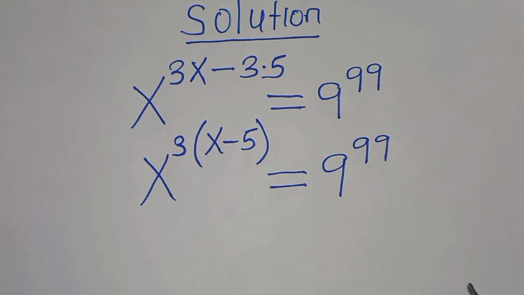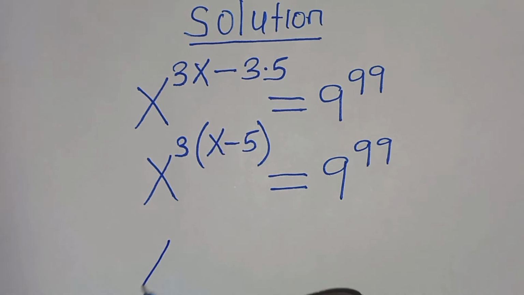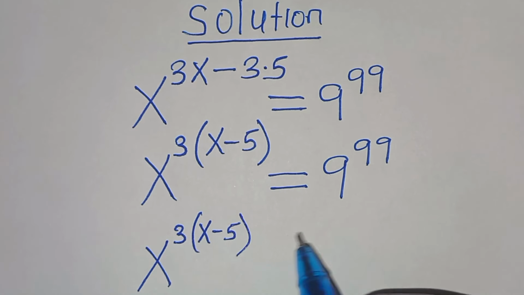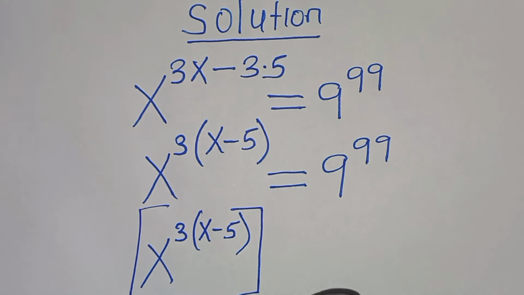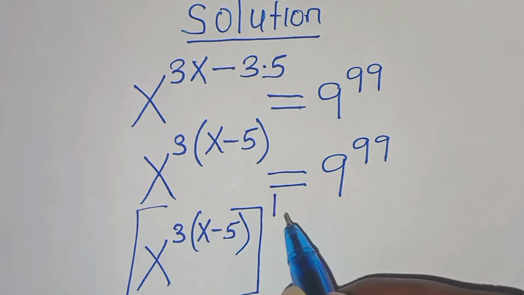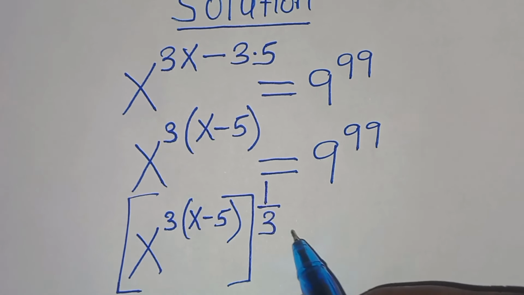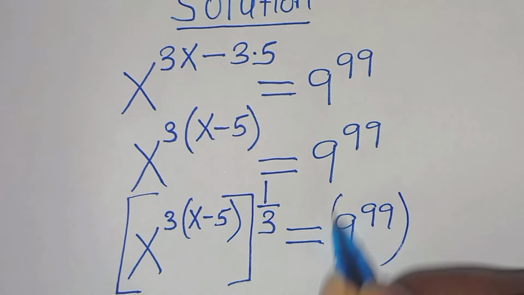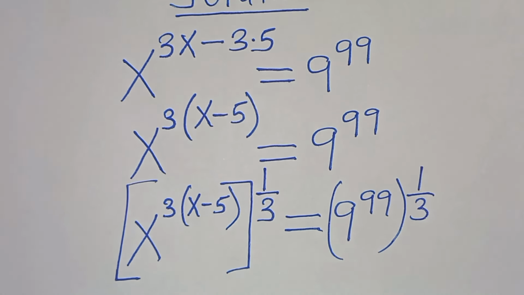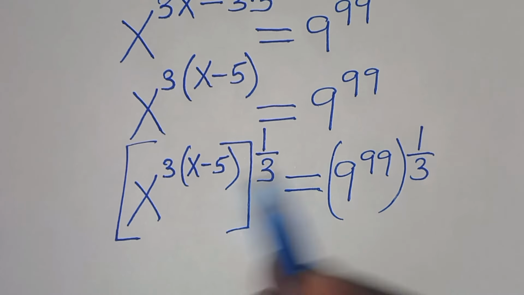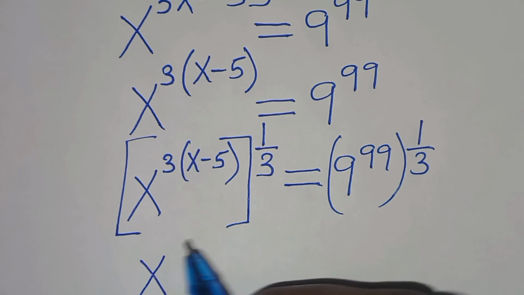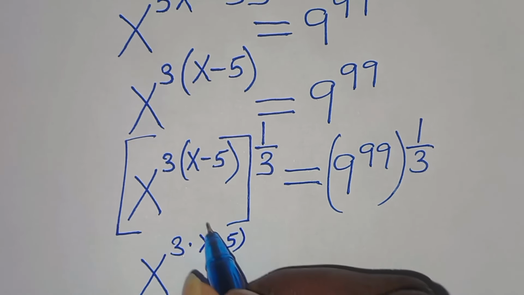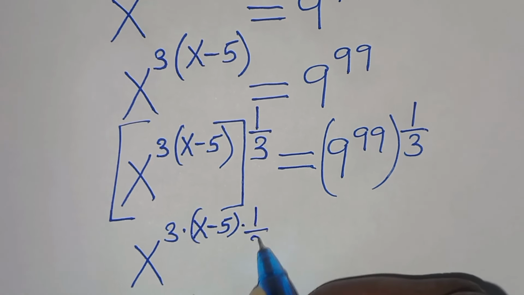Now, the next step is that we have x to the power of 3 multiplied by x minus 5. Now, let's multiply both sides by 1 over 3.